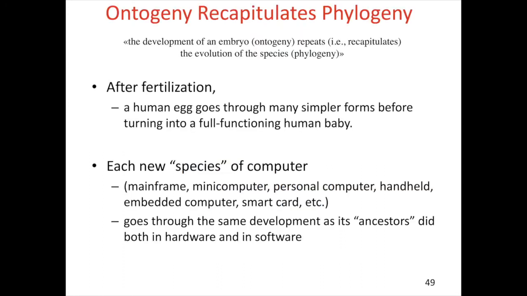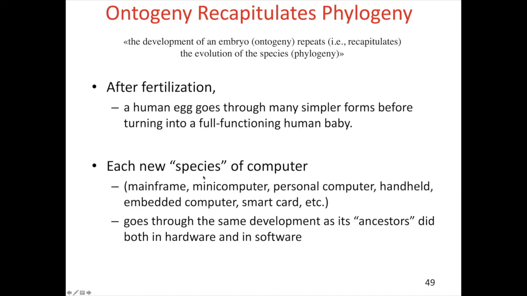An analogy may be constructed between the development of an embryo and the development of a computer. Development of an embryo, which is called ontogeny, repeats, that is, recapitulates the evolution of the species, which is called phylogeny. After fertilization, a human egg goes through many simpler forms before turning into a fully functioning human baby.